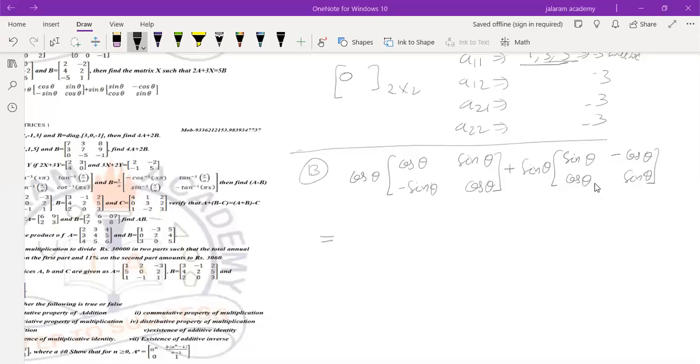We know that when we multiply a real number to a matrix, it is multiplied to all the elements of that matrix. So what will come, can you tell me?